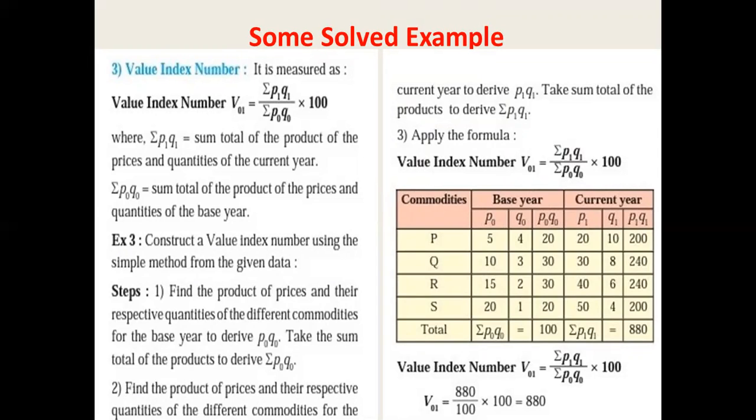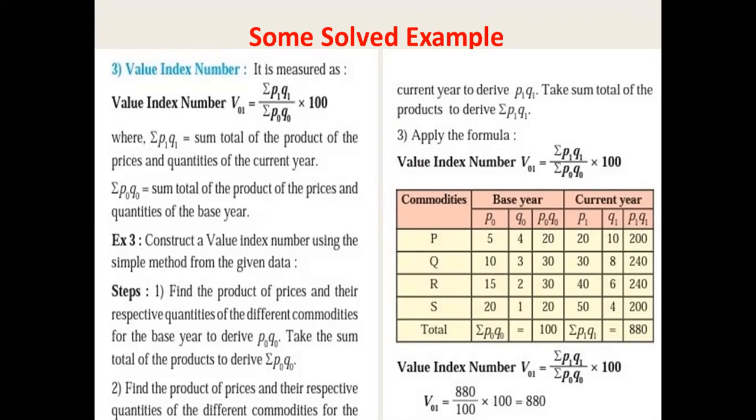Summation of P1 Q1 is the sum total of the product of the prices and quantities of the current year. The next, summation of P0 Q0, is the sum total of the product of the prices and quantities of the base year. So for P1 Q1 we calculate the current year's price multiplied by current year's quantity.